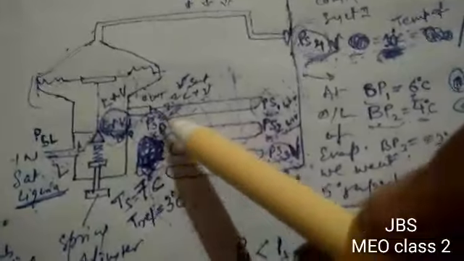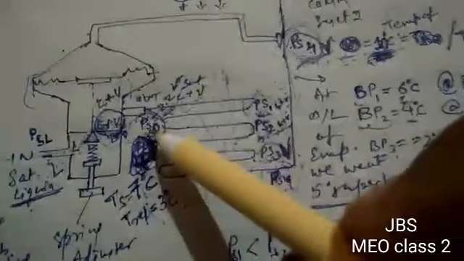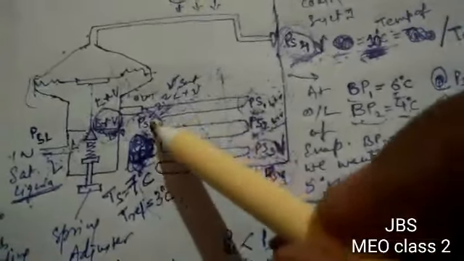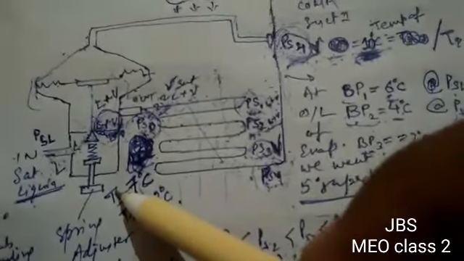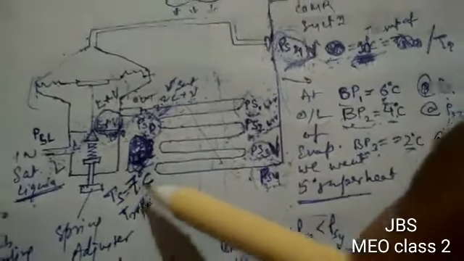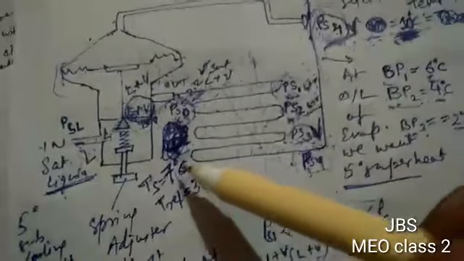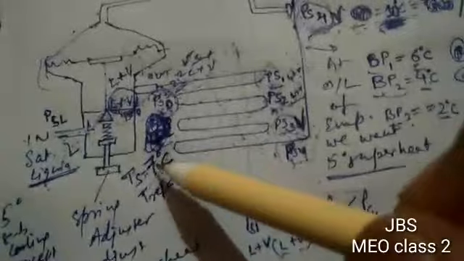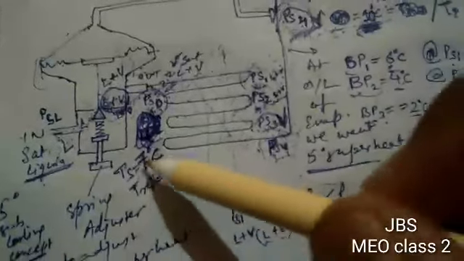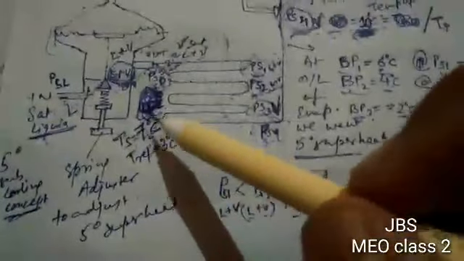Now at the inlet, the saturation pressure is PS0. Corresponding to this saturation pressure, from the chart we will get the saturation temperature of the refrigerant, that is 7 degrees C. This is the saturation temperature, meaning at this temperature the refrigerant is going to boil off and there will be a phase change.